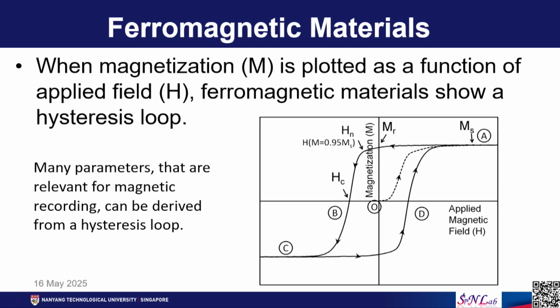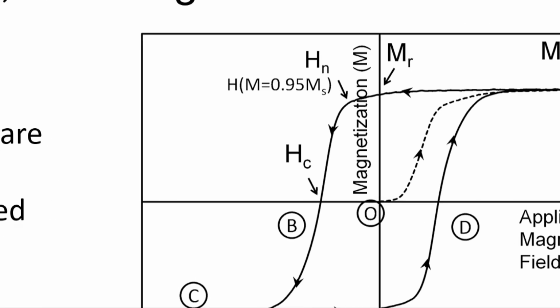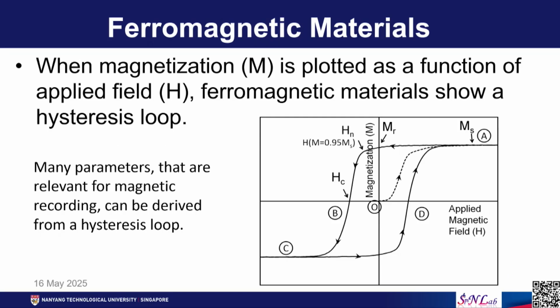So you start from here, for example, 0 magnetization. As you increase the magnetic field, you see that it goes in a non-linear fashion. It reaches the saturation, and when you reduce the magnetic field, it takes another path. It reaches saturation in the other direction. You reduce the magnetic field, then change the direction. You see that it traces another path.